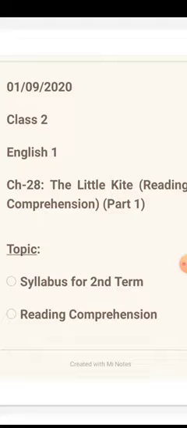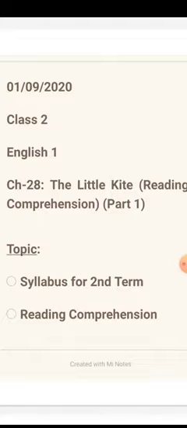From now onwards, even for your English 1, English 2, you will be getting this kind of reading comprehension passages. So don't expect that the same passage will come. It can be some small paragraph, and you will have to read it, understand it, and then answer the question that will be asked based on that paragraph.